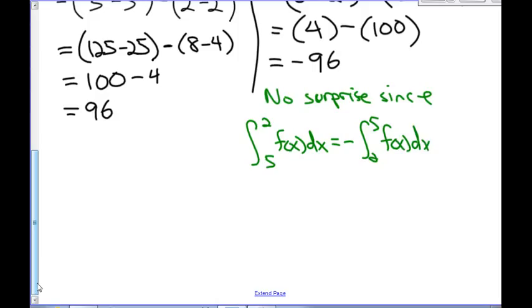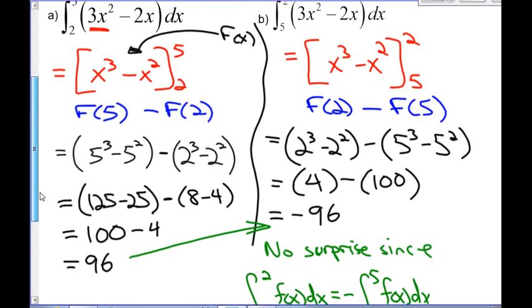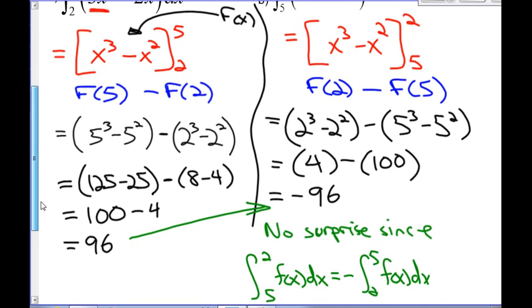Okay? And we can see that happened. Just got negativified. So we could have saved ourselves some work, but I wanted to illustrate that. And you can see why that happens. Instead of having f at 5 minus f at 2, now you switch the order. When you switch the order in subtraction, the sign changes.